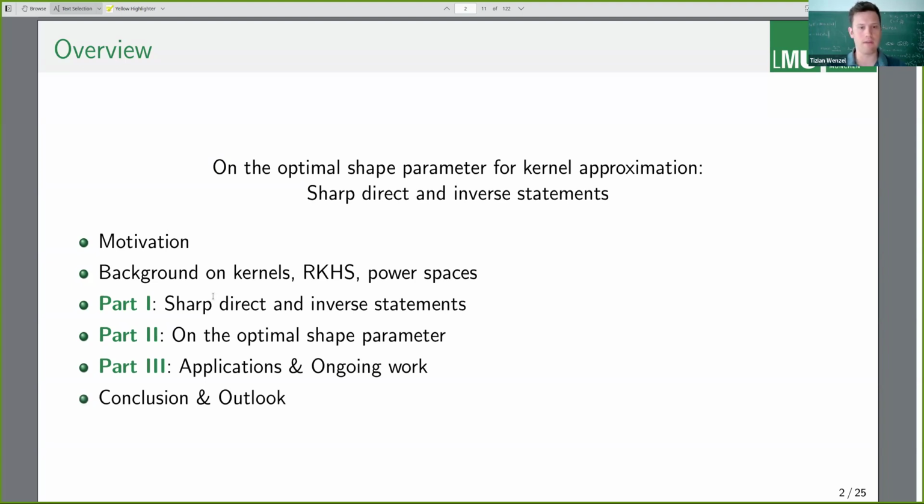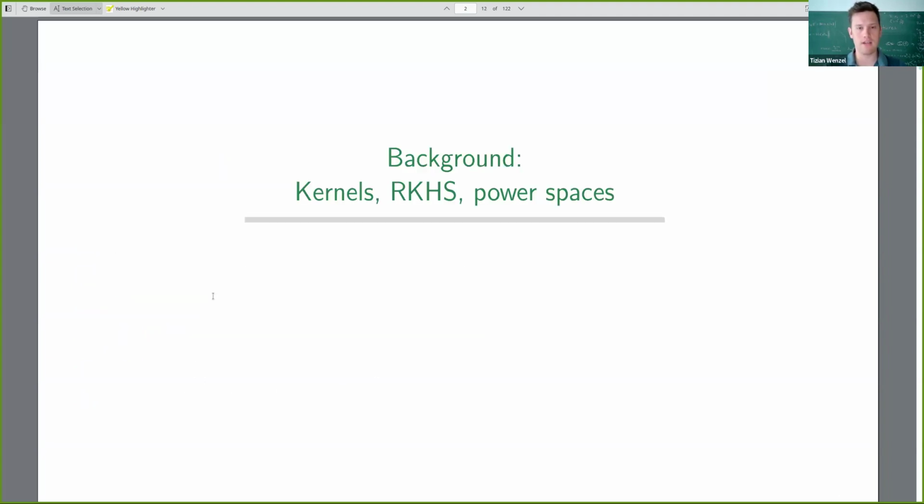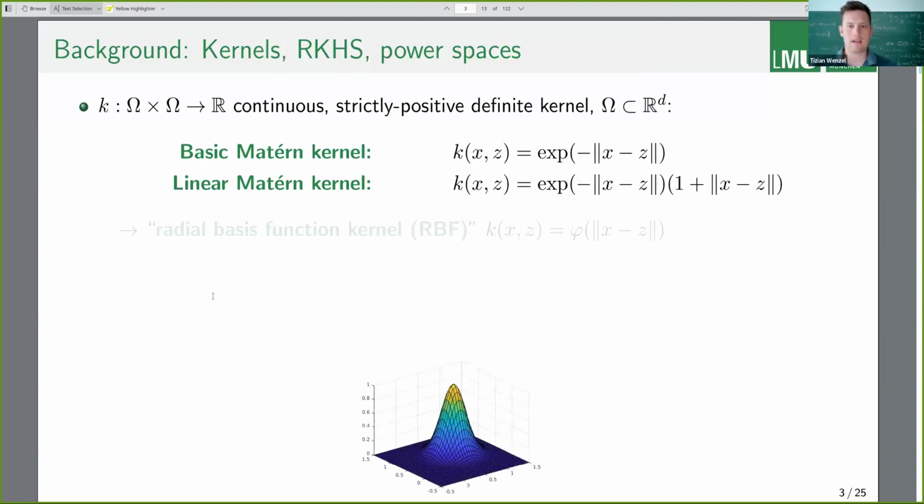Okay, let's start with the background information on kernels. A kernel is defined as a symmetric function from some domain omega times omega to the real values. We will be interested in Lipschitz domains.